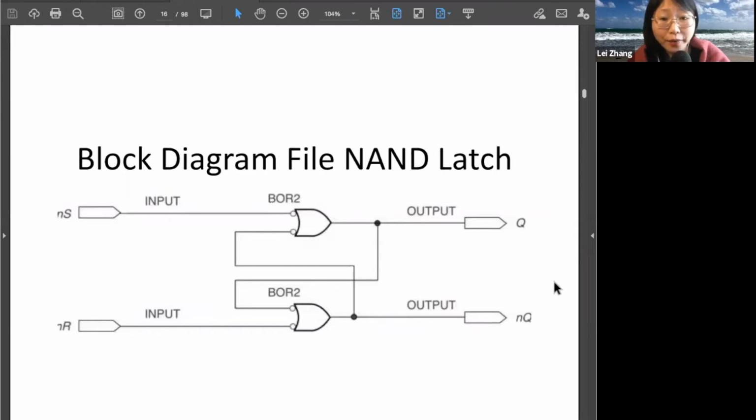So the block diagram for the NAND latch is the general block diagram that you will see, even if you use Xilinx. This is a block diagram generated by Altera tools. With Vivado, you can generate similar schematics that look exactly the same.